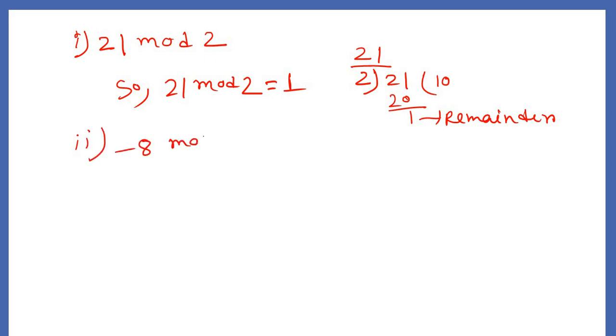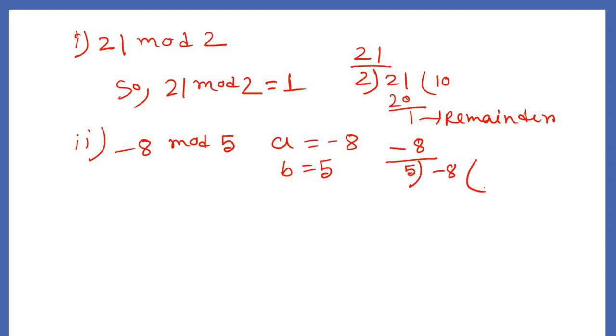Minus 8 mod 5. Here A equal to minus 8 and B equal to 5. Minus 8 is the dividend, 5 is the divisor. Let us divide minus 8 by 5. Now what would be the quotient?